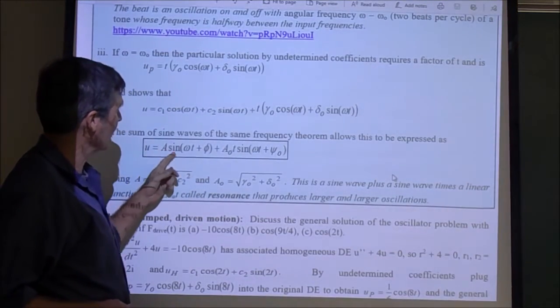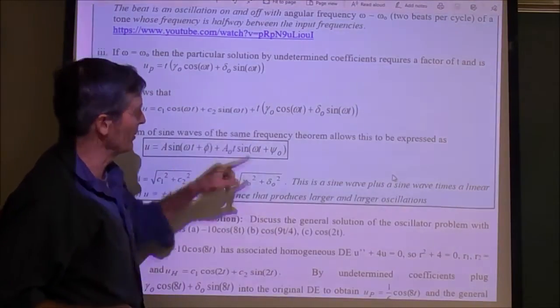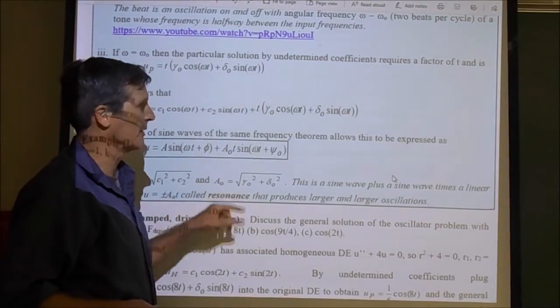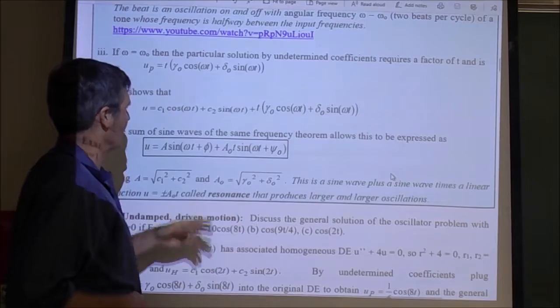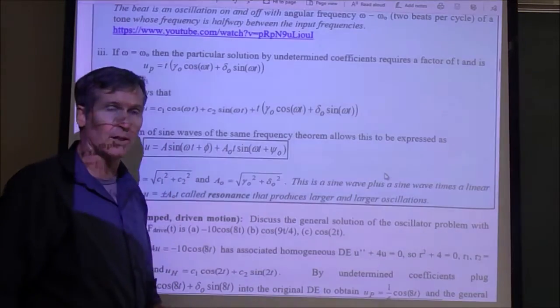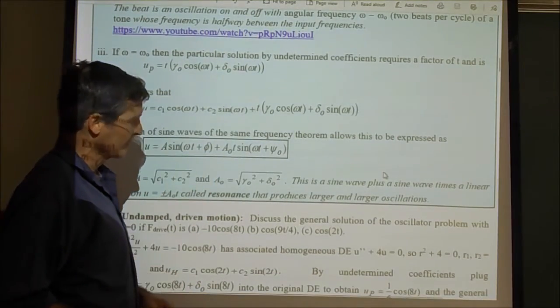This one just remains oscillating steadily, but this one builds up bigger and bigger amplitudes. The particular solution grows larger and larger and eventually overwhelms this one, and you see that motion we saw at the end. So this is a nice qualitative understanding of the things we already derived from our differential equations.